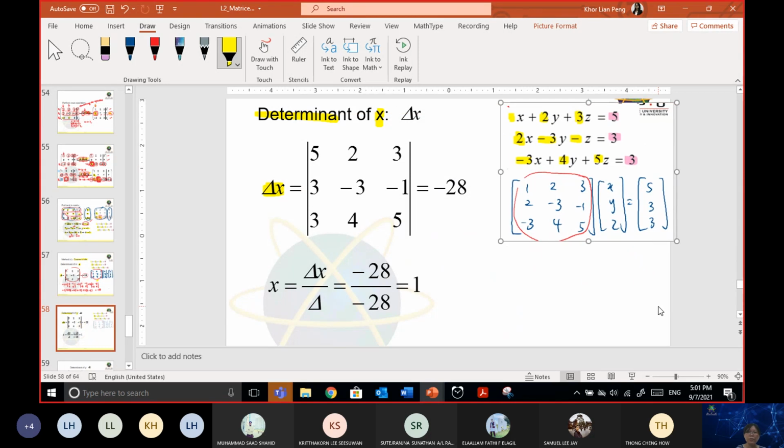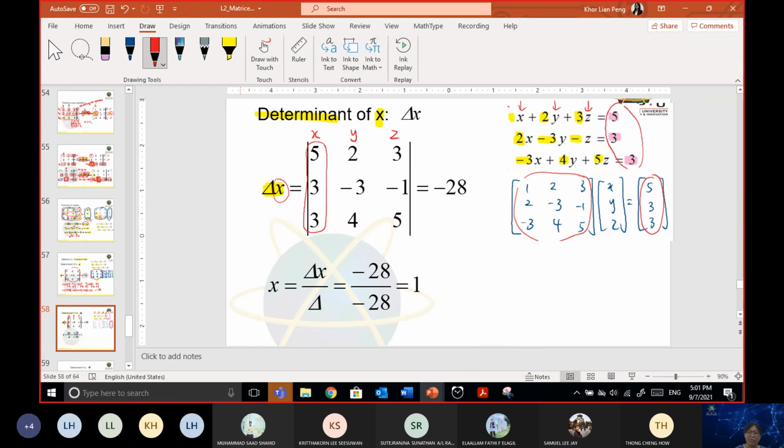Can you see, when you refer to the equation, this column is x, this column is y, this column is z, right? When we want to find the determinant of x, the column of the x will be replaced with 533. 533 is the value at the right-hand side of the equation.